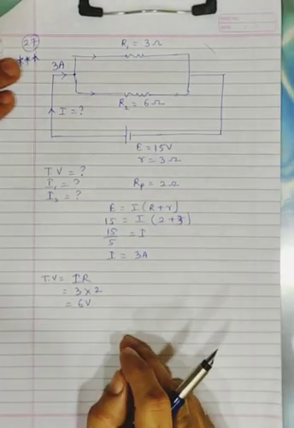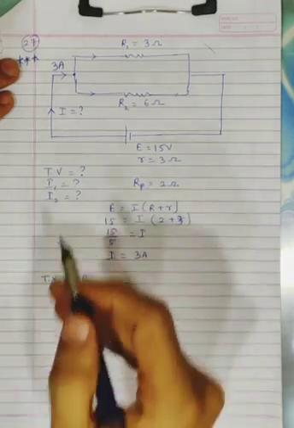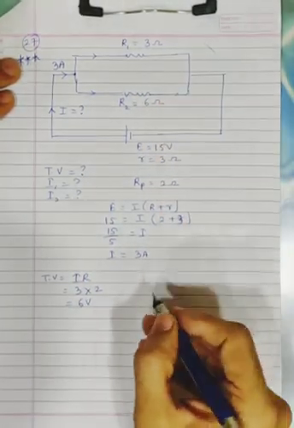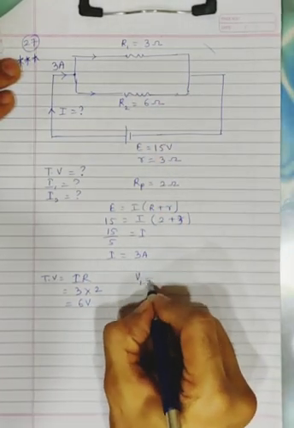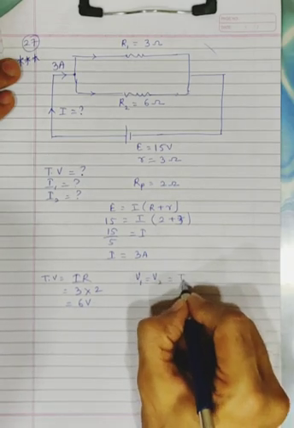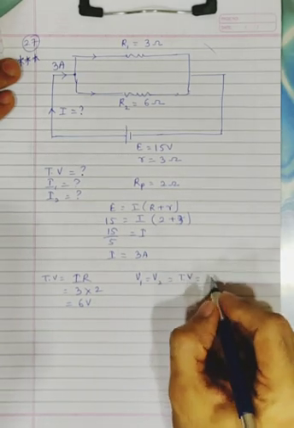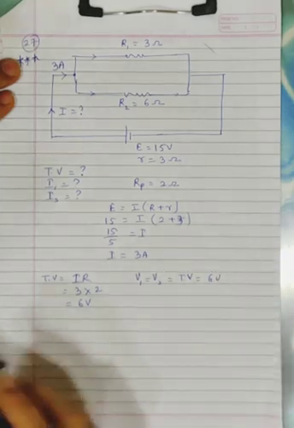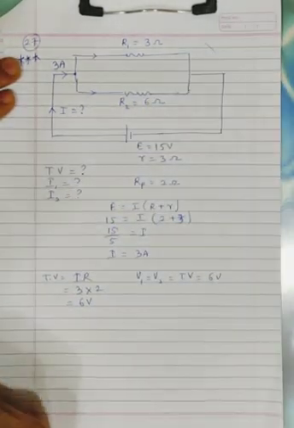But this time I am trying a little different method. If the terminal voltage is 6 volt, the voltage across R1 or R2 will be the same as the terminal voltage, 6 volts only, since voltage is the same in parallel.